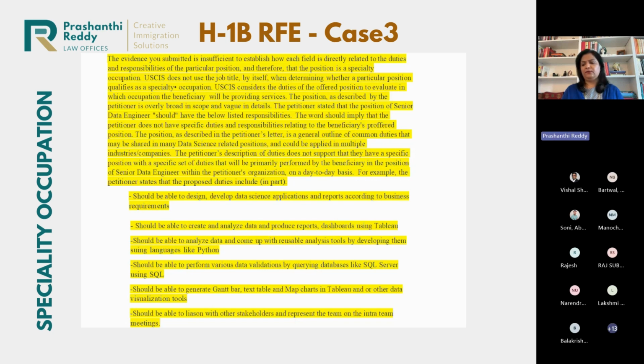So we gave an example of what kind of designing and development they did, and what kind of reports were prepared. We gave a copy of the report, a copy of the work, and we gave examples of their day-to-day activity under this broad job description. So that's how we took care of that. Next slide.